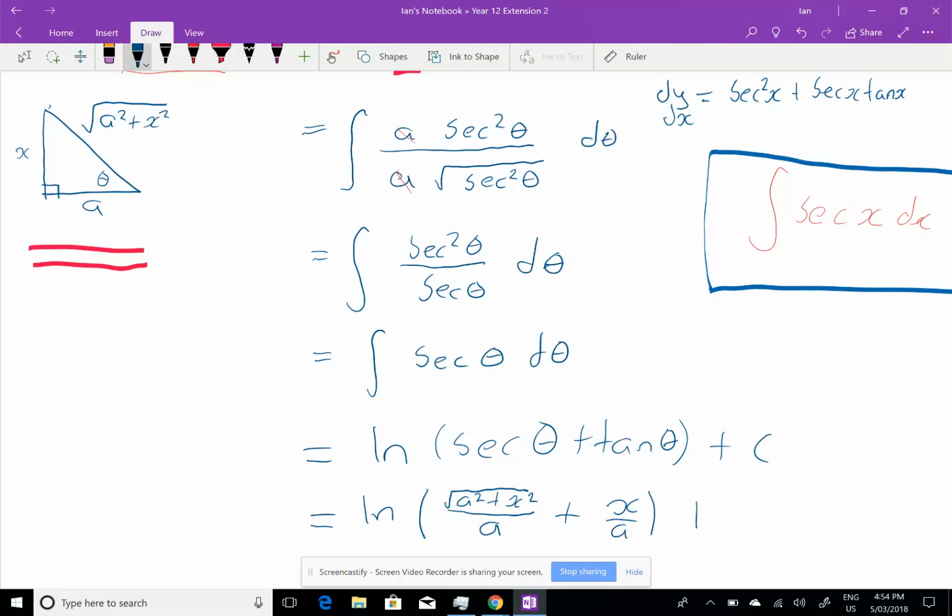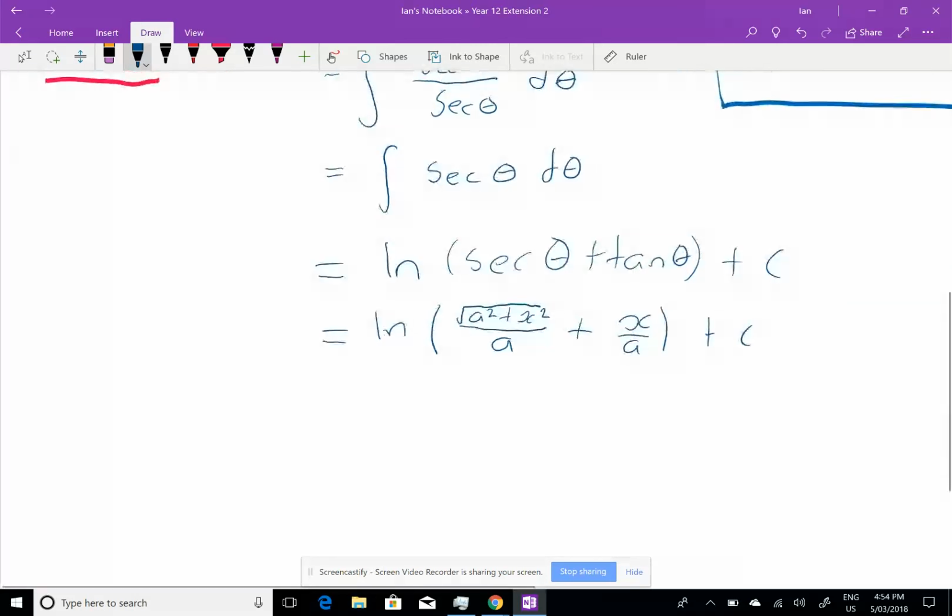And luckily, we have a common denominator, and our common denominator is a. So we get ln root a squared plus x squared plus x on a plus c.